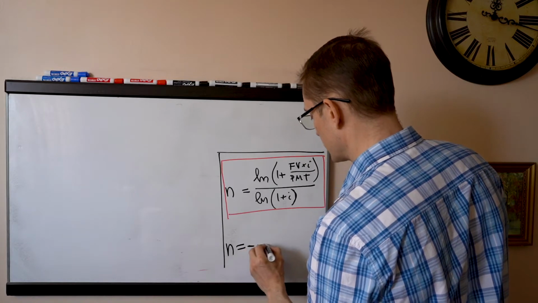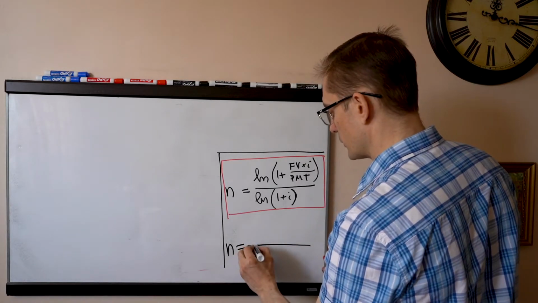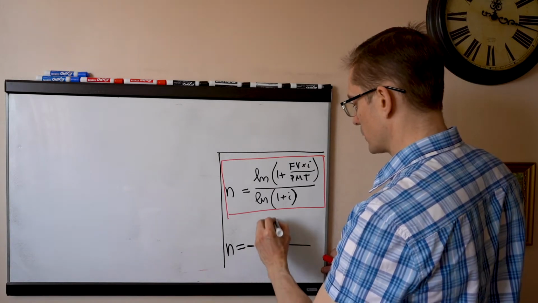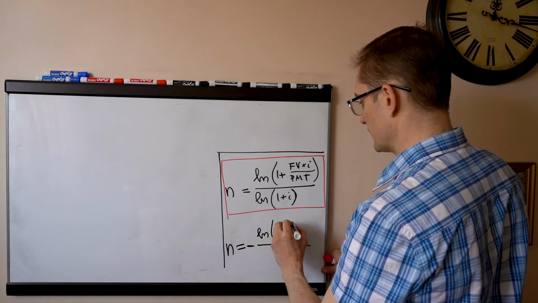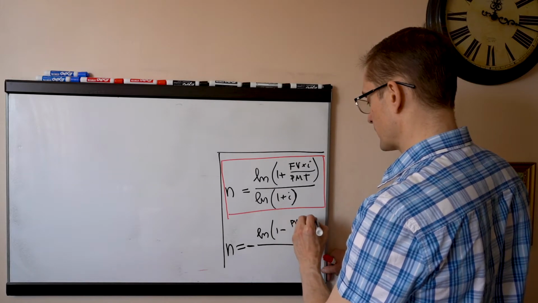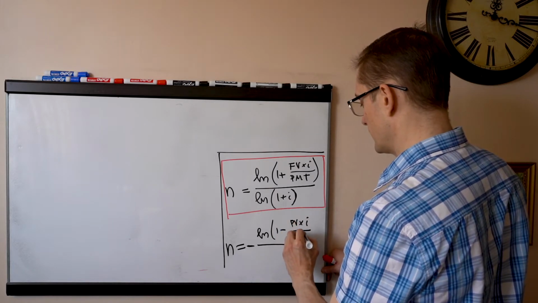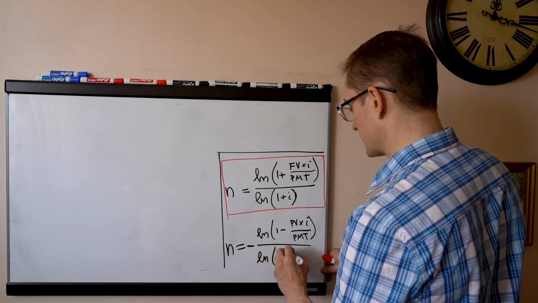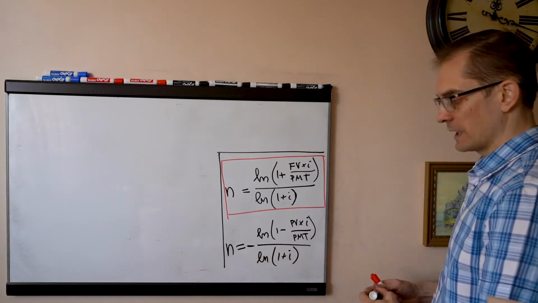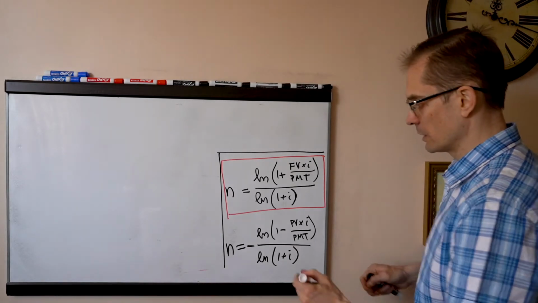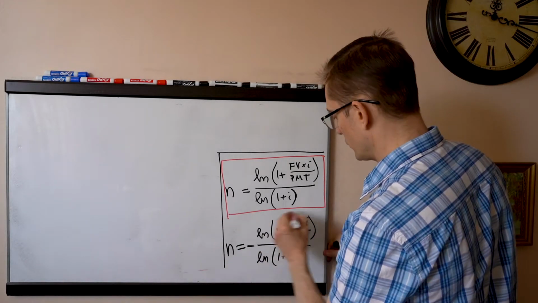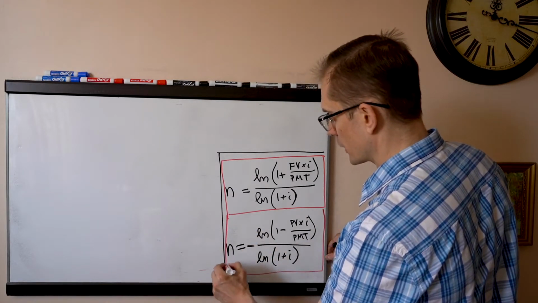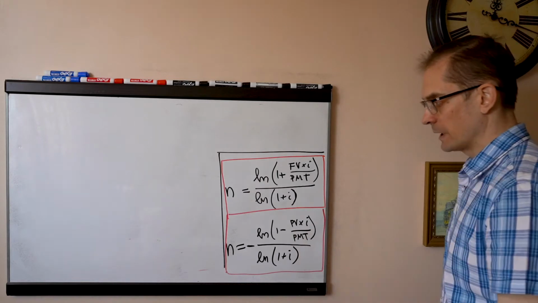That will be minus in front of the ratio, then the logarithm of 1 minus present value times i divided by PMT, divided by the logarithm of 1 plus i. So that will be the formula for finding term when you start with the present value of an annuity.